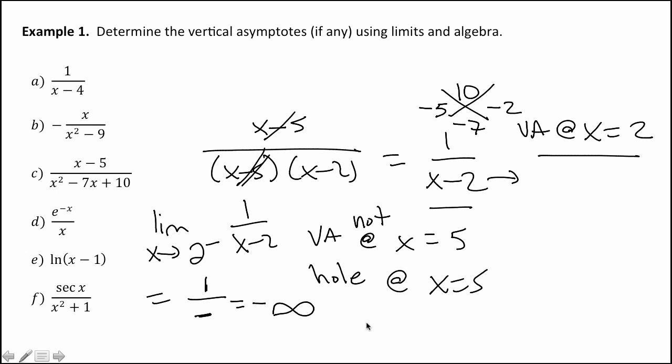If you do the same thing for the limit as x approaches 2 from the right side, you're going to plug in a number such as 3. If you plug in 3 in the denominator, that gives you positive. Positive divided by positive is positive infinity. So therefore the overall limit does not exist. The one-sided limits are negative infinity and positive infinity, but for the overall limit, we just say it does not exist.